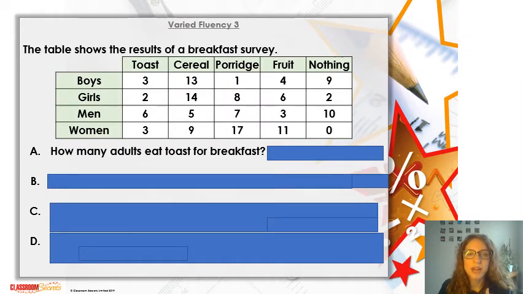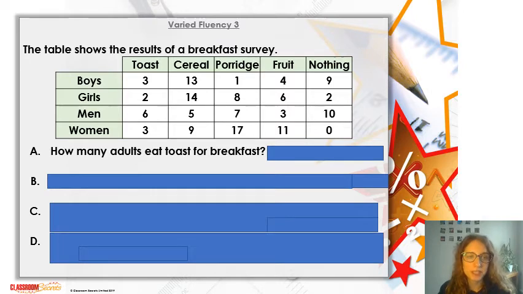Okay, so it's now showing the results of a breakfast survey. So we've got boys, girls, men and women, so the groups that were asked, and then their preferred choices of toast, cereal, porridge, fruit or nothing. Okay, how many adults eat toast for breakfast? Okay, so first of all we need to decide which categories count as the adults.